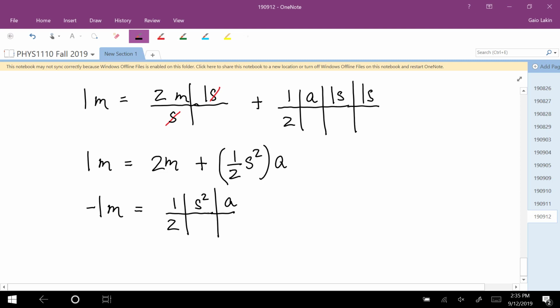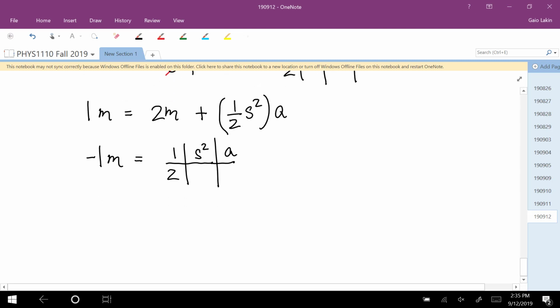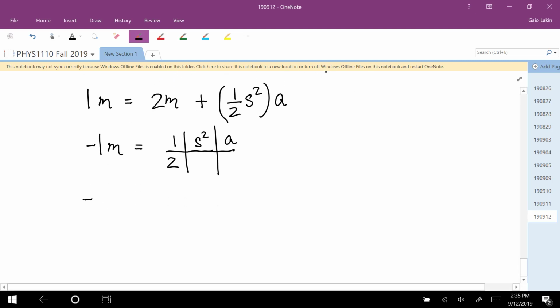Remember, dividing a fraction is just multiplying by the reciprocal. So this is 1 meter, and I'm going to multiply that by 2/1 seconds squared.